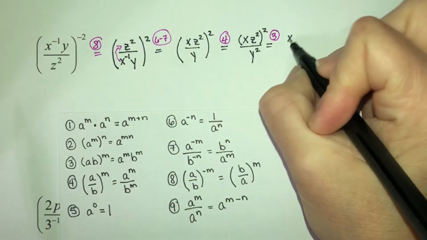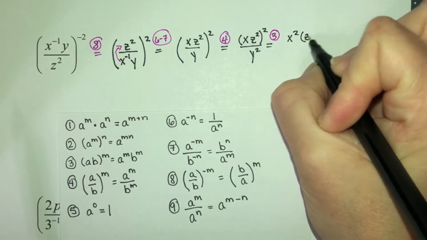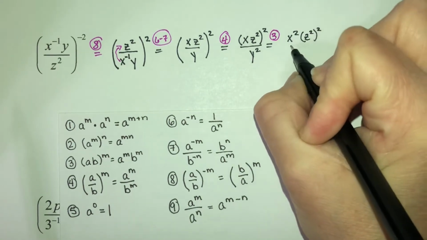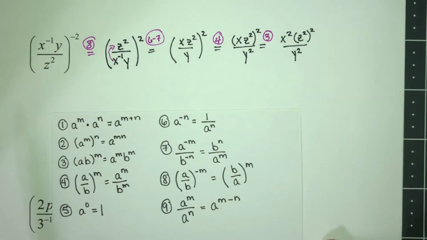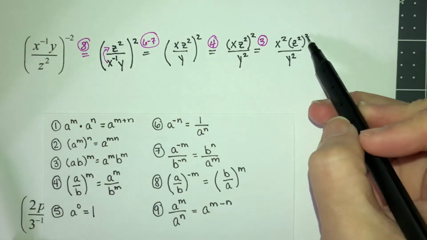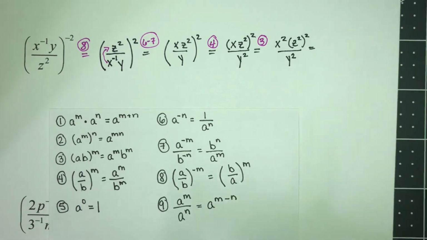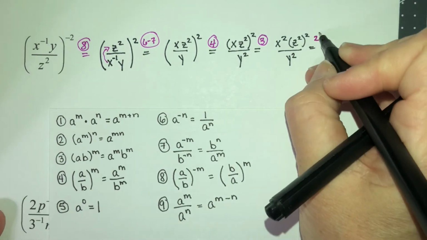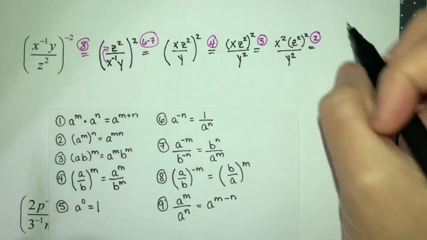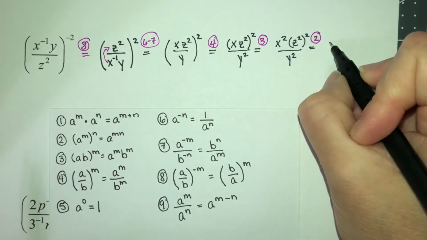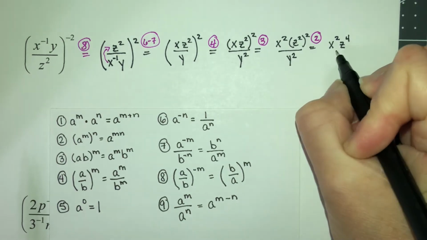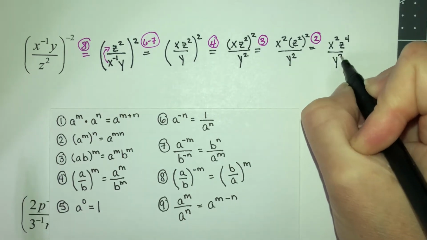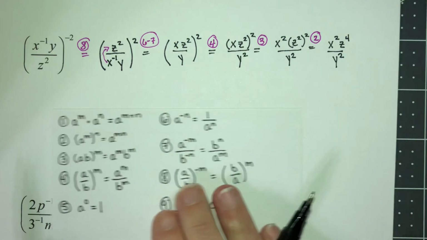So we get x squared, z squared, squared over y squared. And then one last thing, a power raised to a power. This is property number 2. And so I multiply those together. My answer is x squared, z to the 4th over y squared. And that would be your answer.